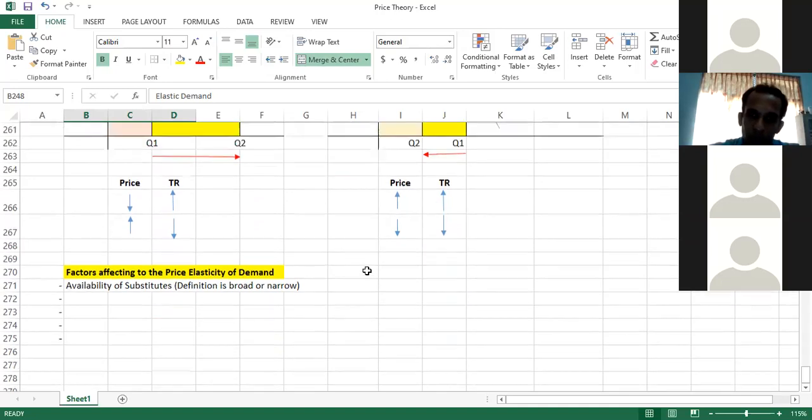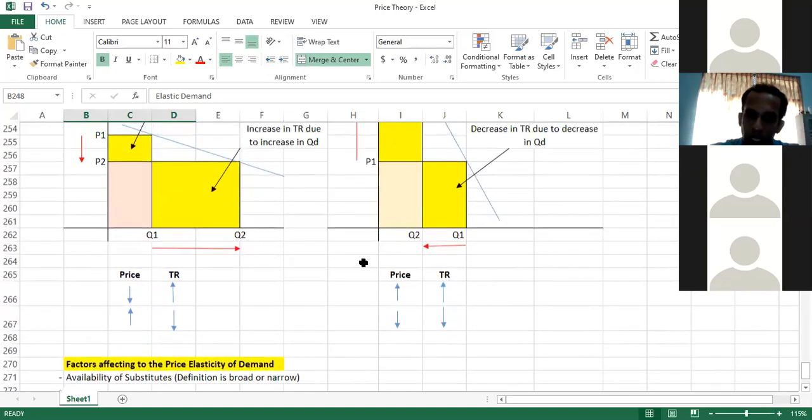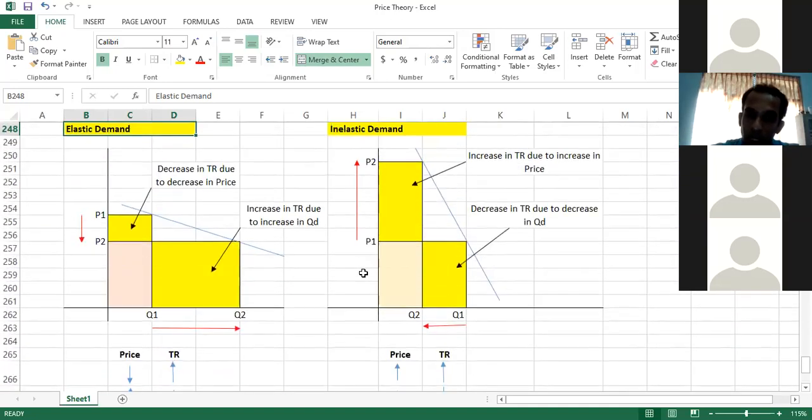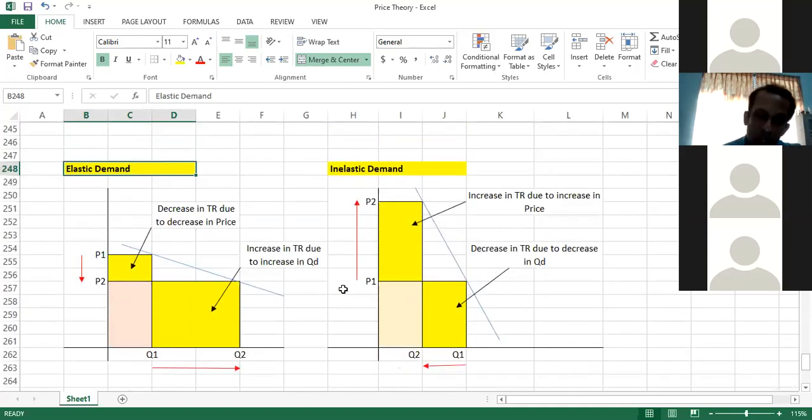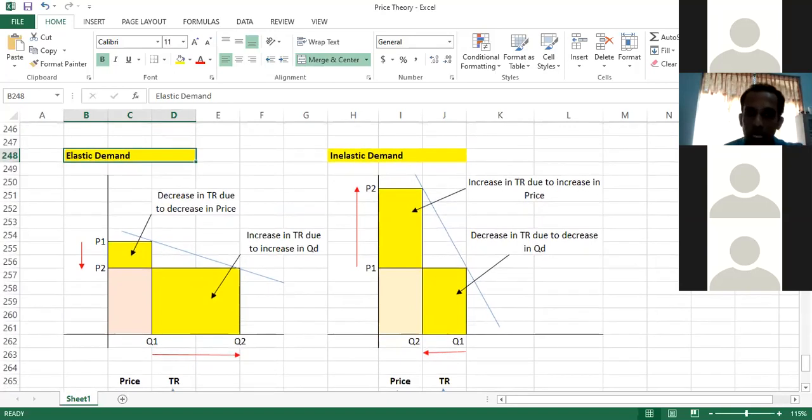What else? In addition to the availability of substitutes, what are the other things? Income. We can put it this way: what is the percentage of our income we spend on the product? For a particular product, suppose you spend only a very small percentage of your income.